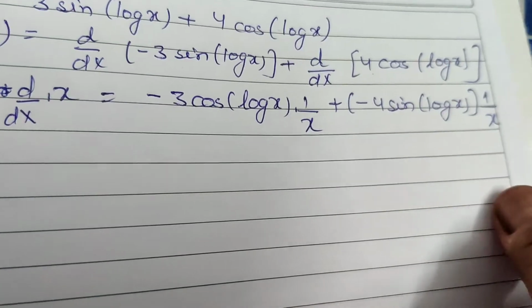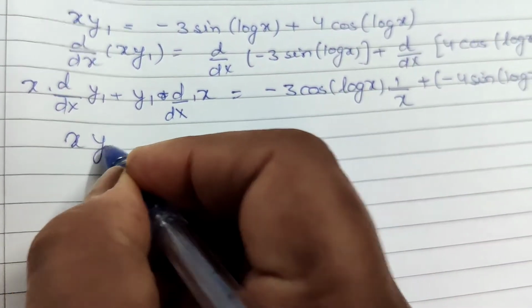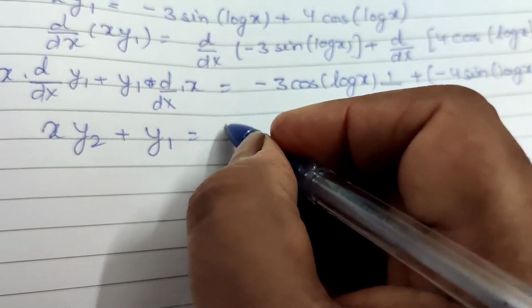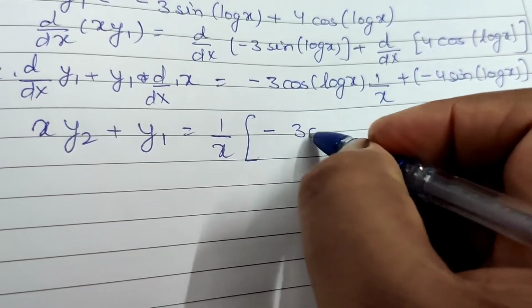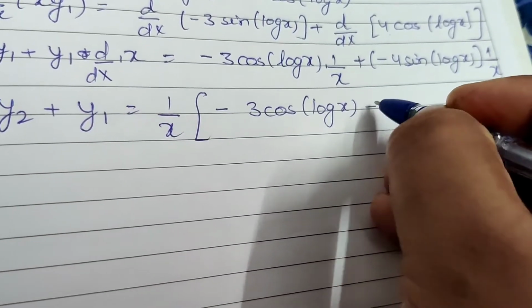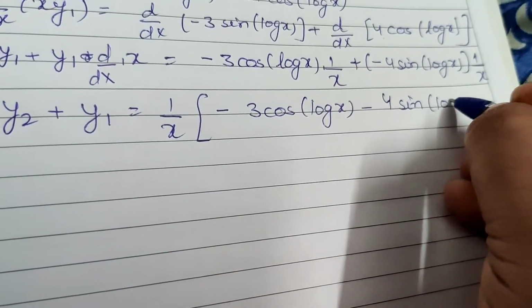So it is equal to x y2 plus y1, equal to 1 upon x common, minus 3 cos log x minus 4 sin log x.